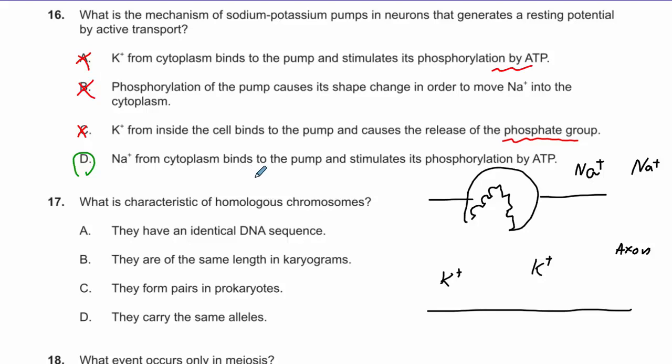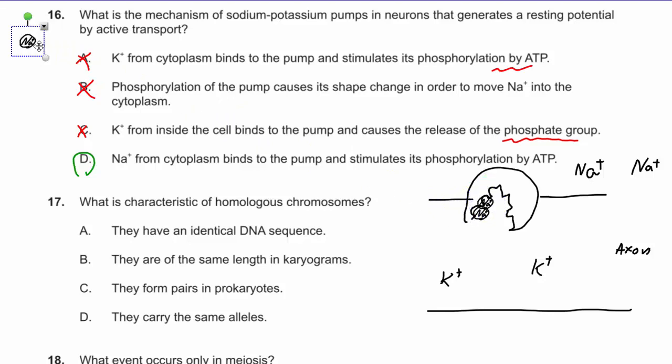D, sodium from the cytoplasm binds to the pump. Yes, that is correct. Let's say there is a sodium here, it's not supposed to be there. So the sodium goes into here, and two more need to go here.